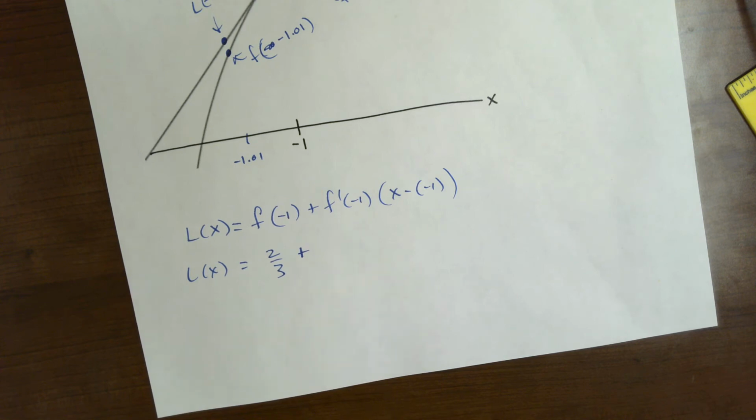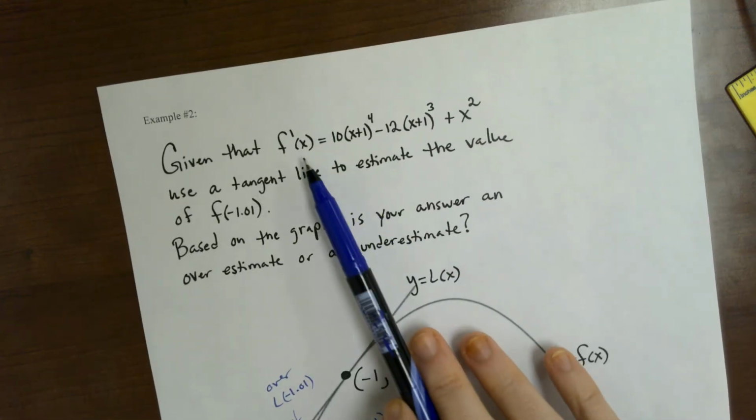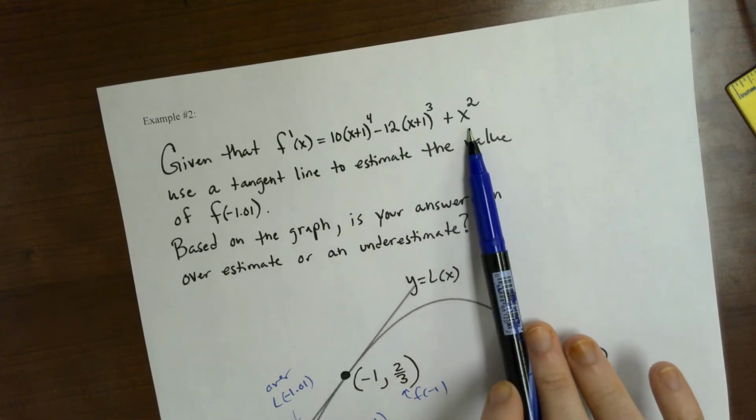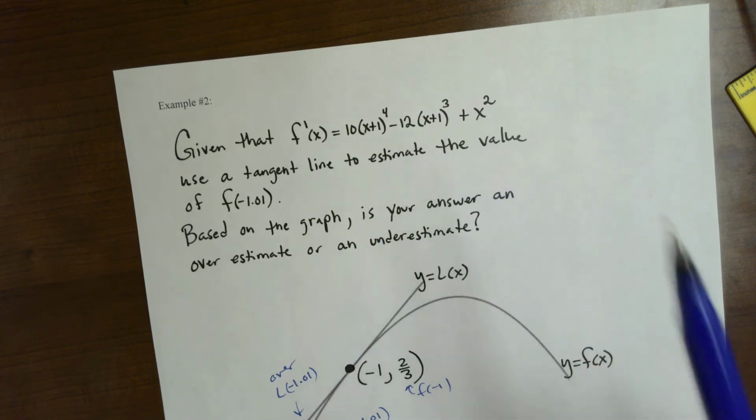Now for the last example, they just outright gave us the value of f prime at the x we wanted, but this time they're giving us the formula for f prime.